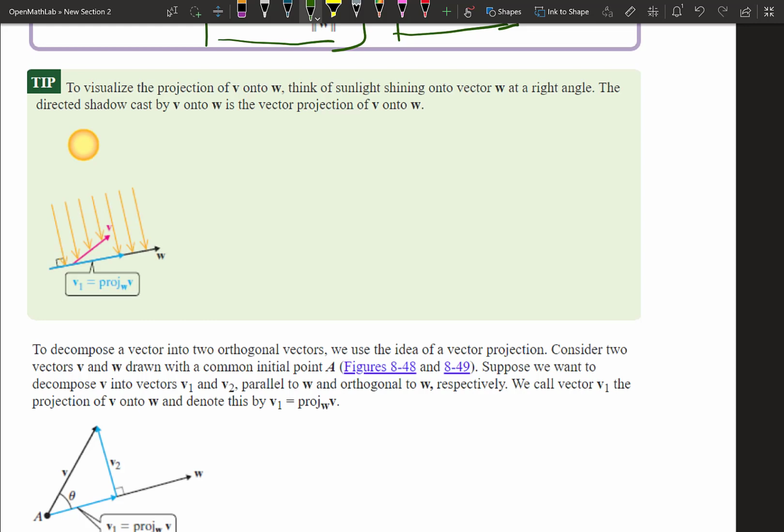So the sun rays are going to hit, and this part is going to be like a shadow of that, and that part is v1, which is the projection of v onto w, right?